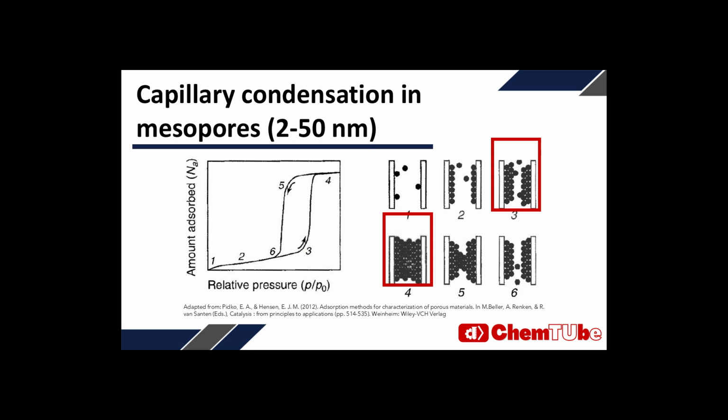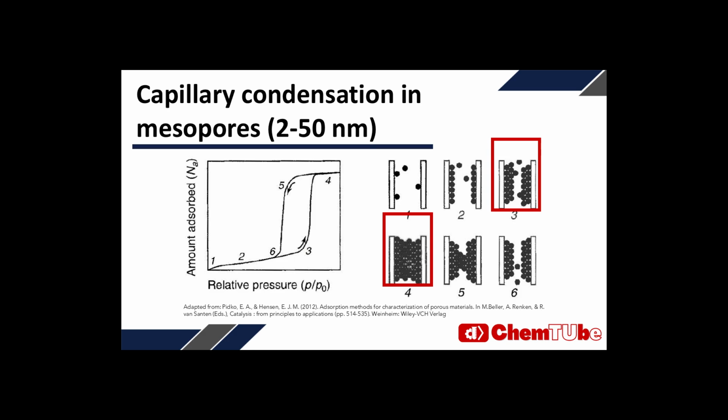On the adsorption isotherm, the sharp step between numbers 3 and 4 is caused by the capillary condensation. After that, the pore is filled with the liquid form of the previously gaseous adsorbate, separated from the gas by a meniscus. Desorption in this case proceeds by thinning of the meniscus.